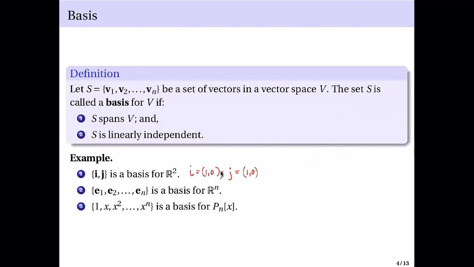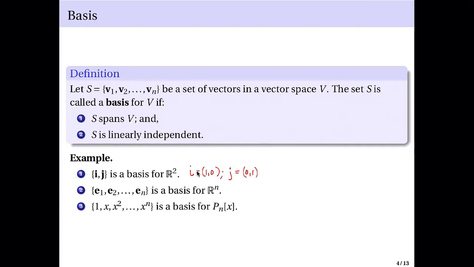So you can easily show that they are linearly independent. Any scalar multiple of i will only produce 0 in the second component, but j has 1 in the second component. So they cannot be linear combinations or scalar multiples of each other.